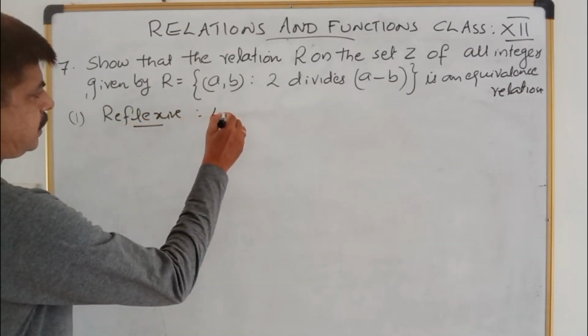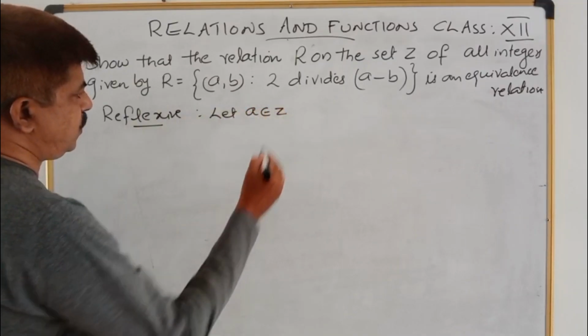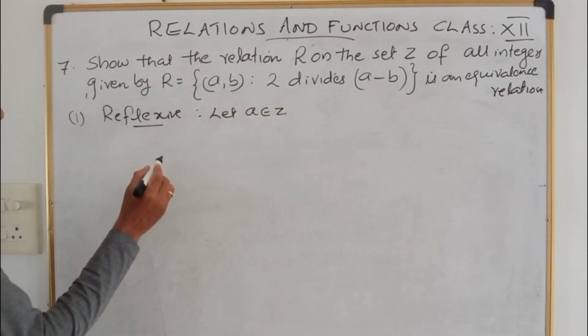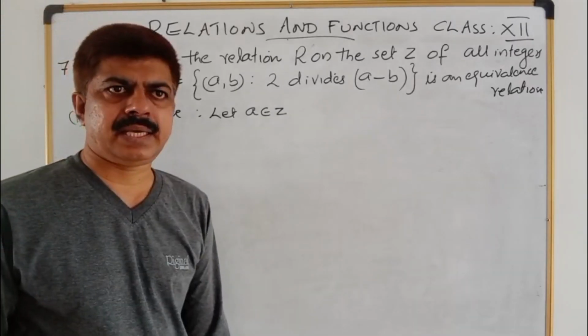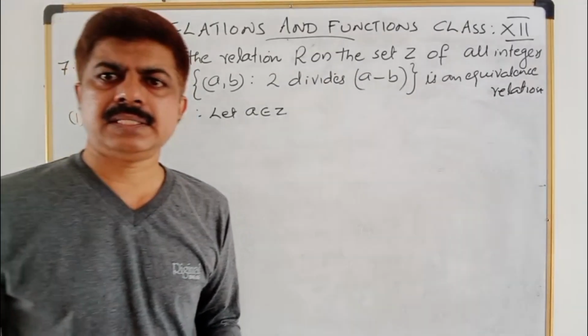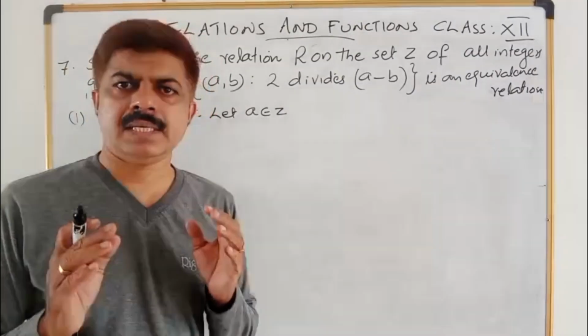Reflexive: let A belongs to Z. We know that for A belongs to Z, if A minus A is divisible by 2, then it is reflexive.